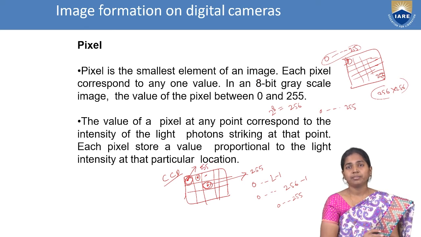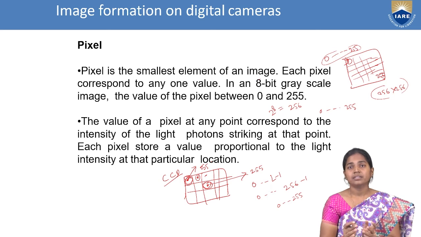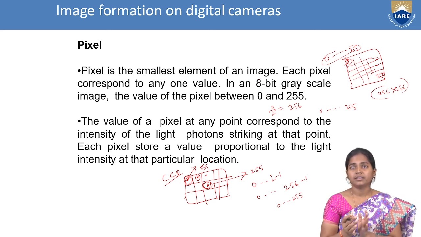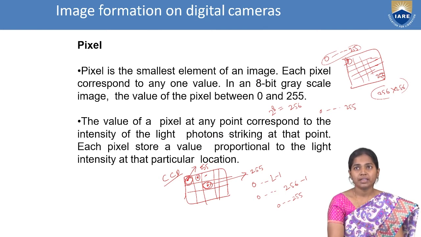Depending on how much light falls on the sensor, the sensor gives a proportional output voltage. So the value of a pixel at any point corresponds to the intensity of the light.